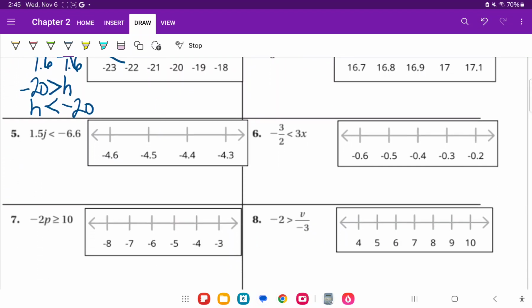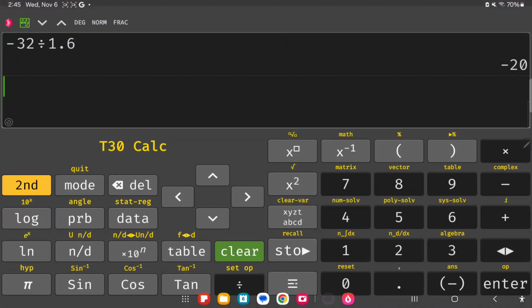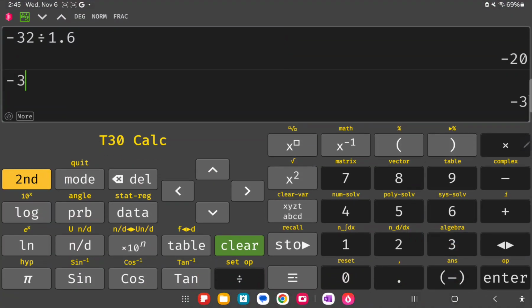And so then let's look at number 6. For number 6, we're trying to get x by itself, so we're going to divide by 3. So negative 3 over 2 divided by 3. On my calculator, I'll do negative 3 over 2, hit the right arrow, and then divided by 3, and that's going to give me negative 0.5.